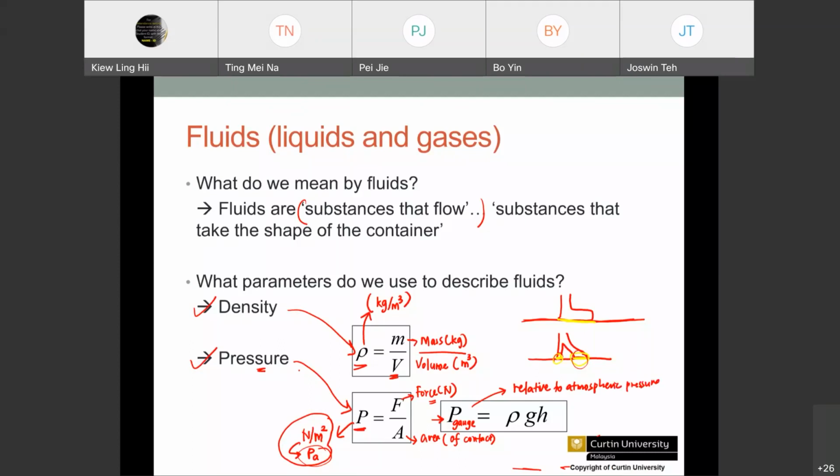Okay, so it means that we will take our atmospheric pressure as the standard, as 0. So whatever top up pressure that you receive is called gauge pressure.